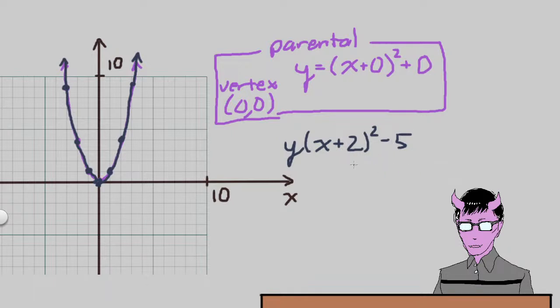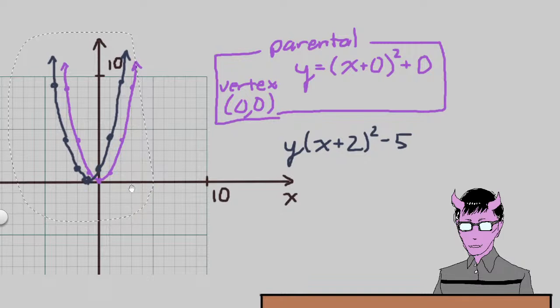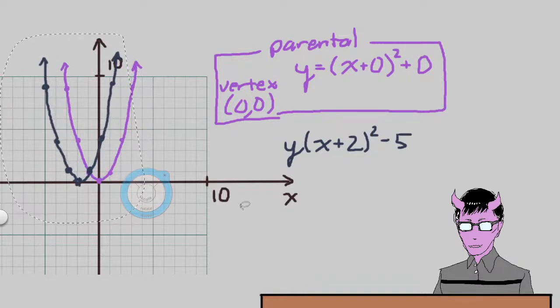It doesn't matter. But I think this one you should do first because it makes more sense from a shifting perspective. If you think about it, where would your new 0 lie if you disregard this? It would lie at negative 2. So we're going to shift our function 2 spaces to the left, because negative 2 plus 2 gives us the 0 intercept.